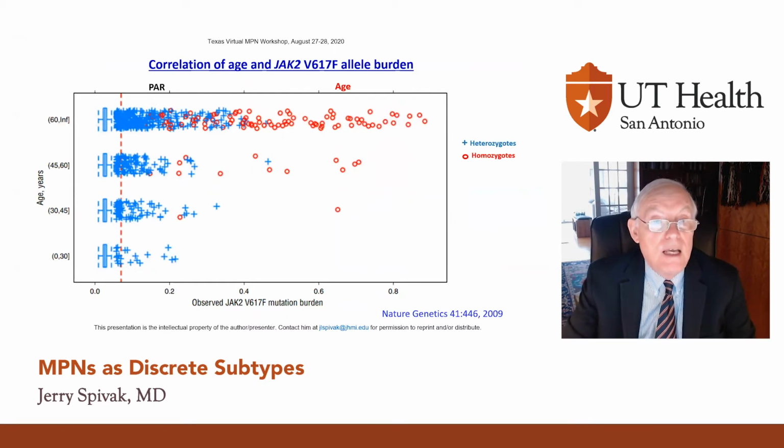So here is age and JAK2 allele burdens, and this is age on this axis, and then very low allele burdens that I would attribute to population attributable risk, and very high allele burdens, which I would attribute to age, the homozygosity here. And you can see that there's low levels more as you get older of JAK2 V617F expression, and then you get the uniparental disomy and the homozygosity with time.